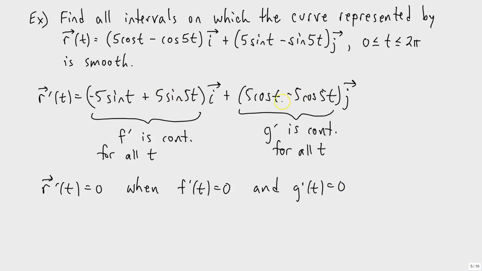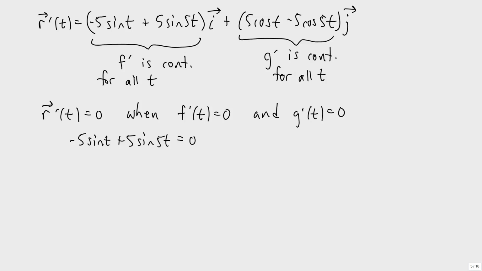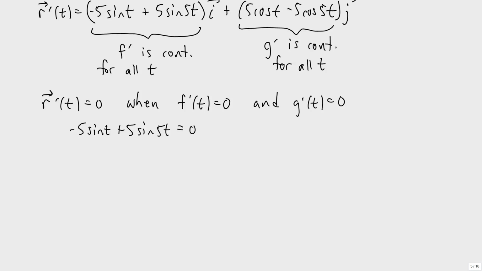Because if this was 0 and this was 0, then 0 times this would be 0, times this would be 0, so the whole thing would come out to be 0. Well, let's see when that would happen. So when does negative 5 sine t plus 5 sine 5t equal 0? So in other words, when does sine of 5 times a number minus sine of that number come out to be 0?